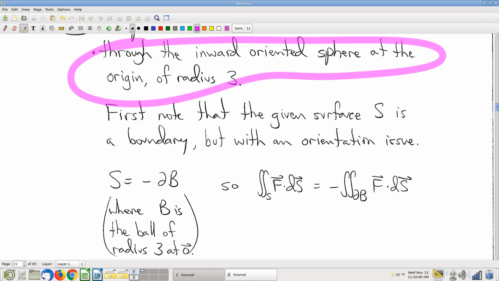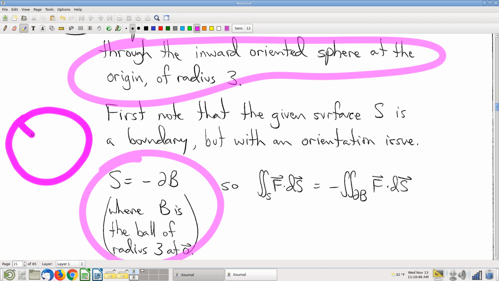This surface, an inward-oriented sphere like this. That surface is a boundary as the negative of the boundary of this ball.